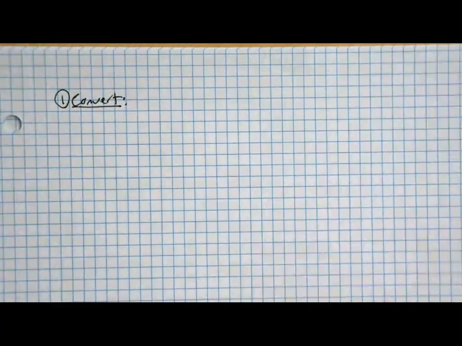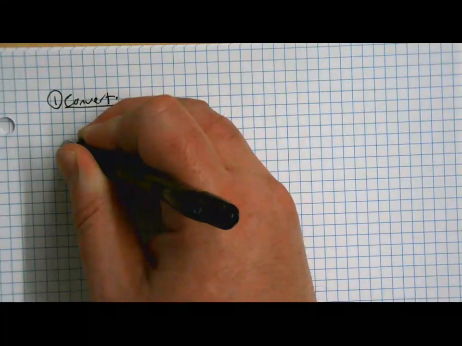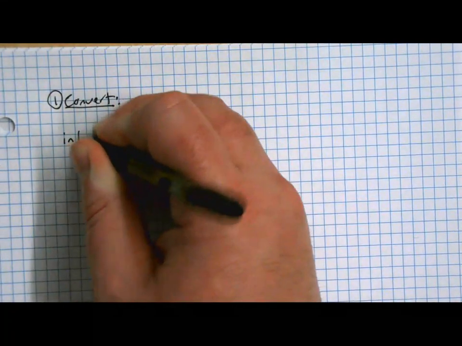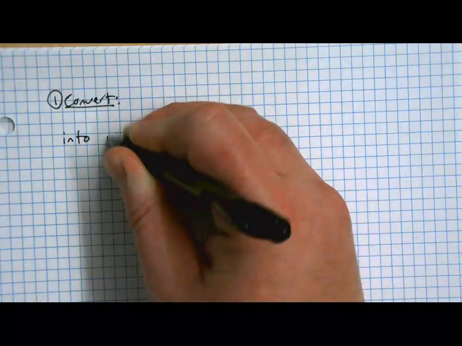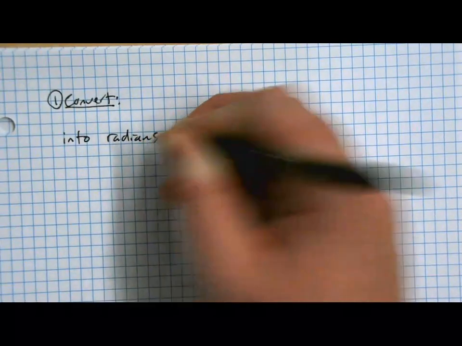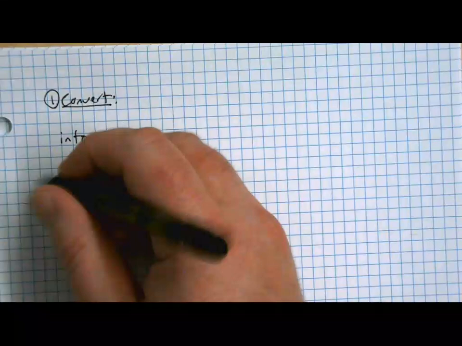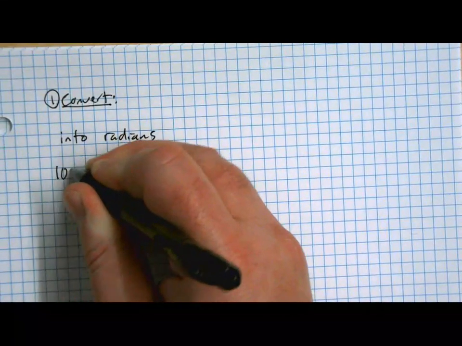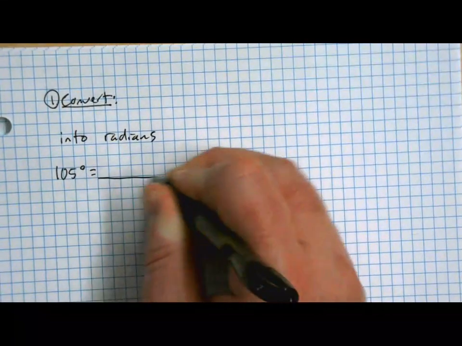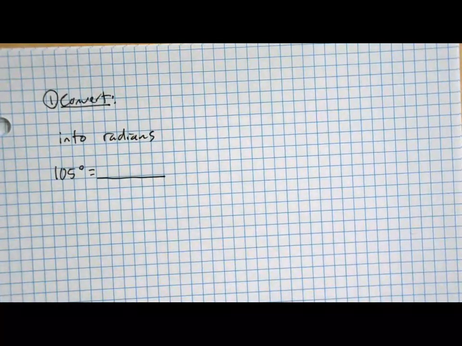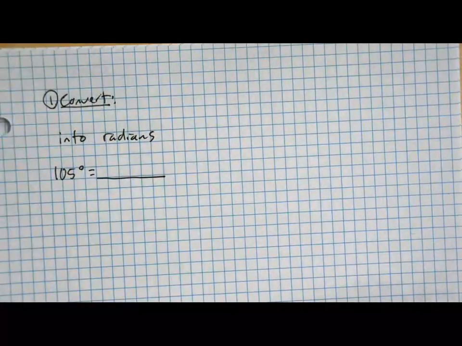There are 3 parts to number 1. The first one, you're going to convert into radians. And this will roughly give you an idea of how the test is going to be formatted as well.